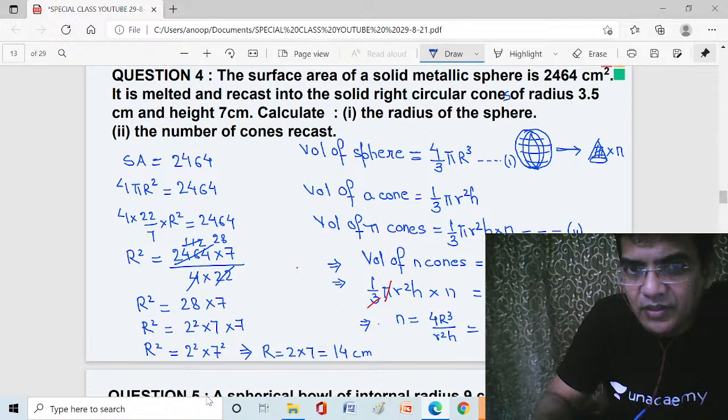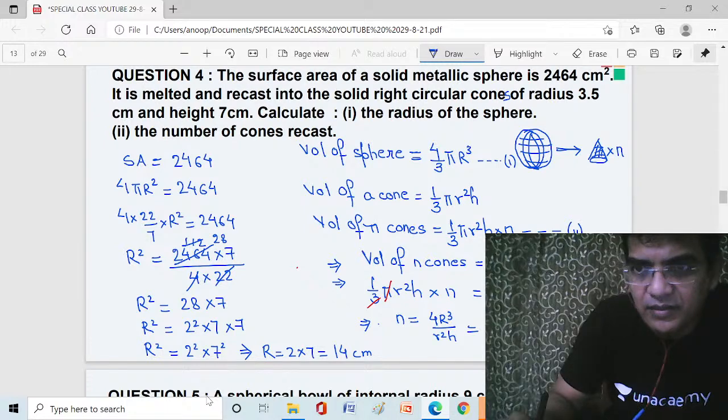Small r is representing the radius of the conical portion. So the radius of the conical portion is 3.5, and then into h, that is the height. So height is 7.